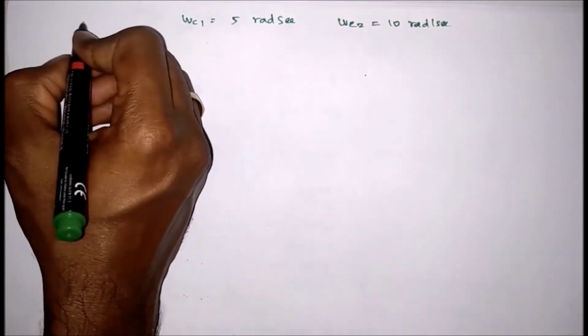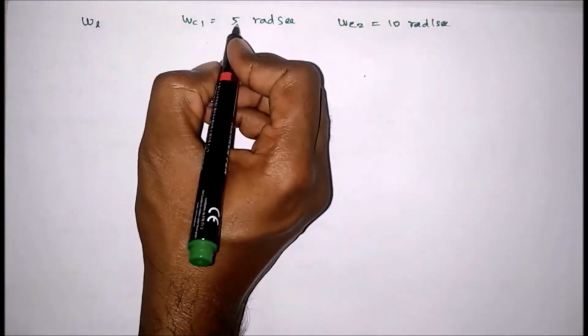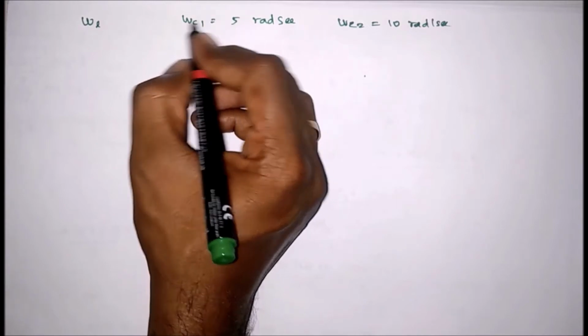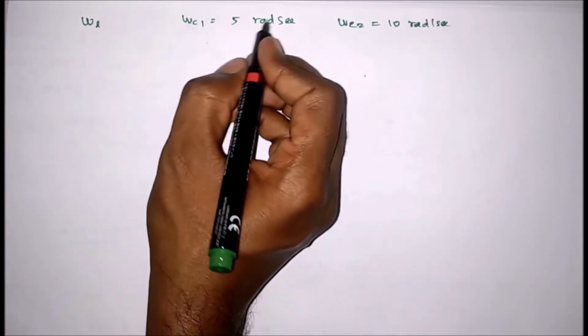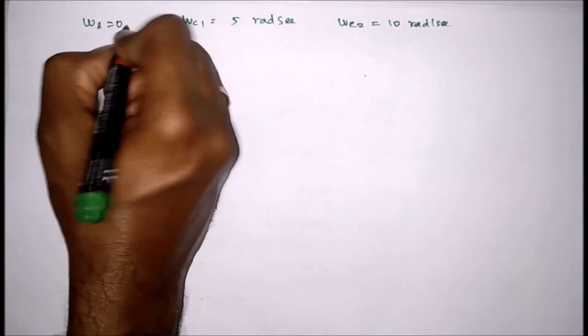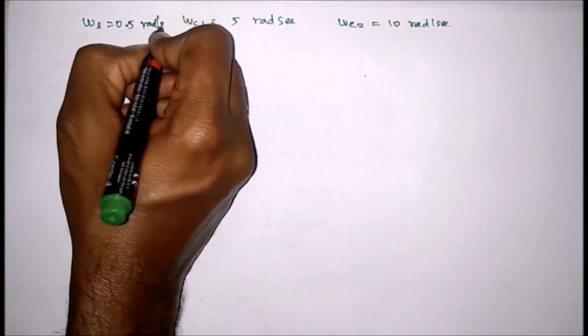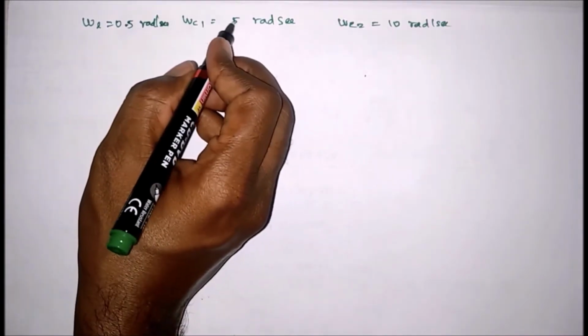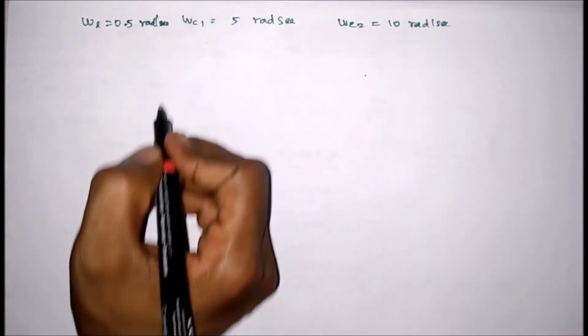The lowest corner frequency should be less than 5, that means less than omega c1. So we can select the lowest corner frequency as 0.5 radian per second, or any value less than 5.